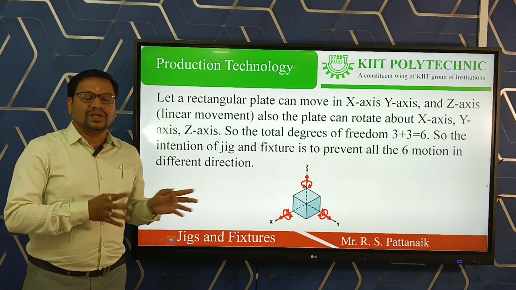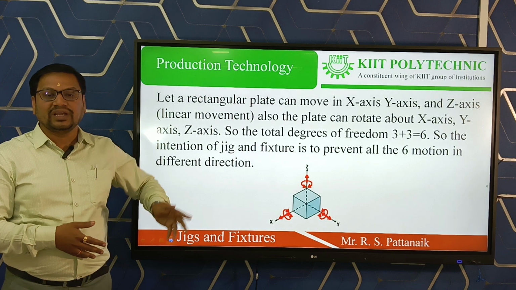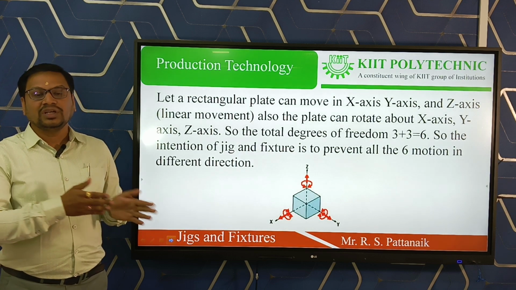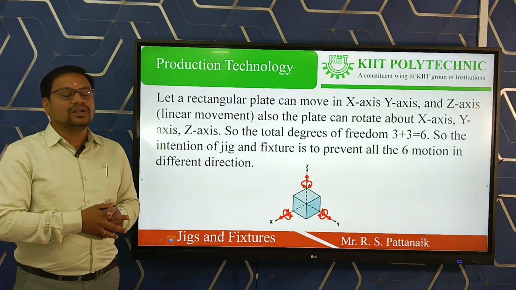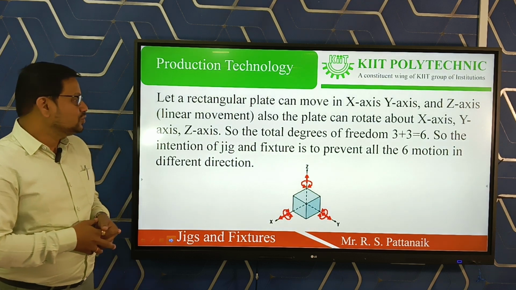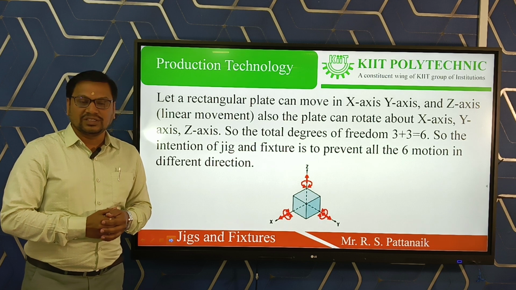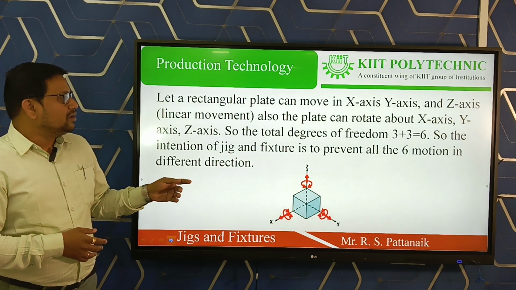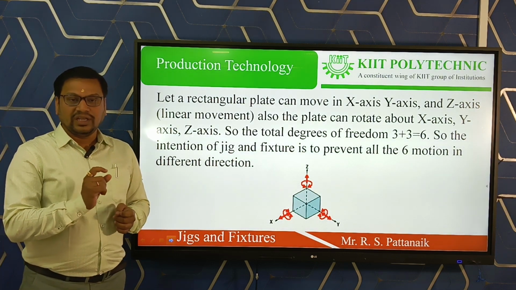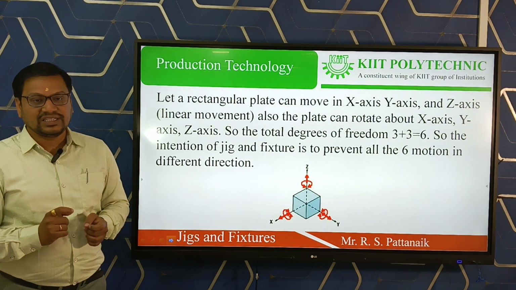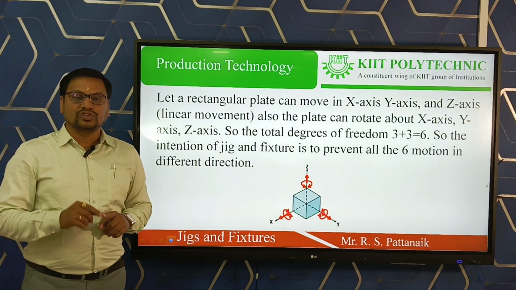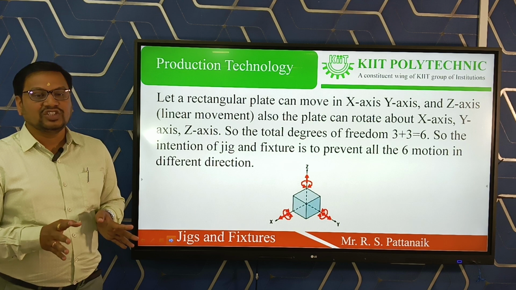By this, they consider 6 linear motions and 6 rotational motions, so 12 degrees of freedom. But here we consider only 6 degrees of freedom: 3 linear motions in the x-axis, y-axis and z-axis, and 3 rotational motions about the x-axis, y-axis and z-axis.